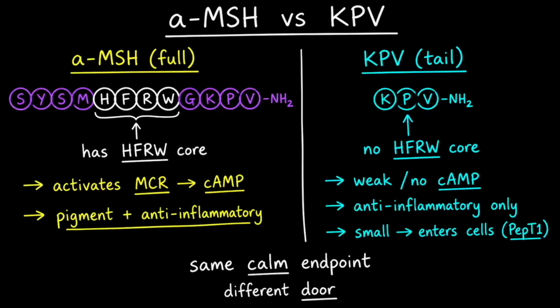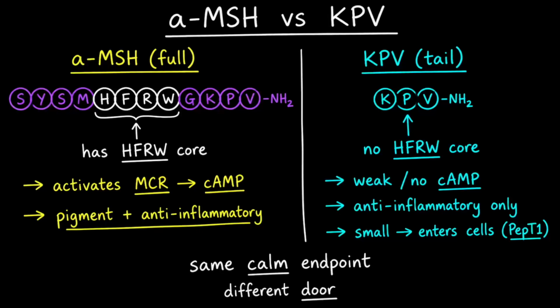It's just the C-terminal tail with no HFRW core to speak of, so it barely nudges cyclic AMP at all. But it doesn't quite stop there, because losing the core doesn't mean you're necessarily losing all of the activity. KPV still keeps the anti-inflammatory effect, it just sheds the pigmentation side that normally comes bundled with it.